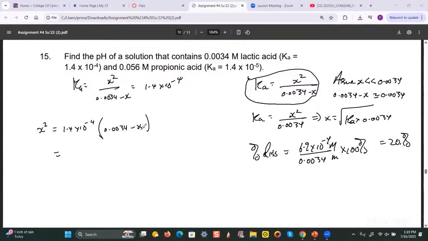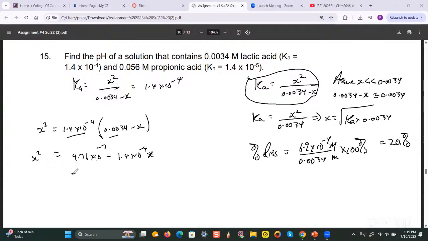Okay, so 1.4 times 10 to the minus 4 times 0.0034. So this part here, when you multiply this by this, you're going to get 4.76 times 10 to the minus 7. And then this times minus X gives minus 1.4 times 10 to the minus 4 X. And that is equal to X squared, right? And then now we have to move 4.76 times 10 to the minus 7 to the other side.